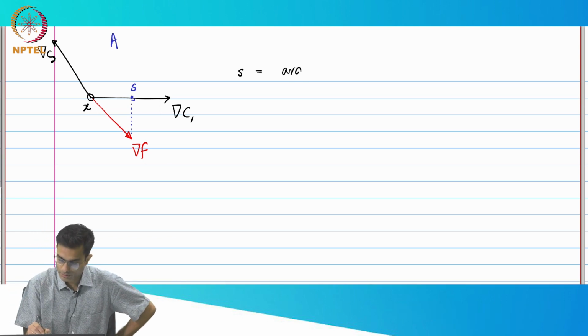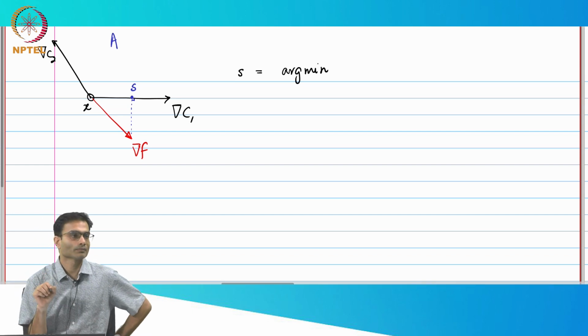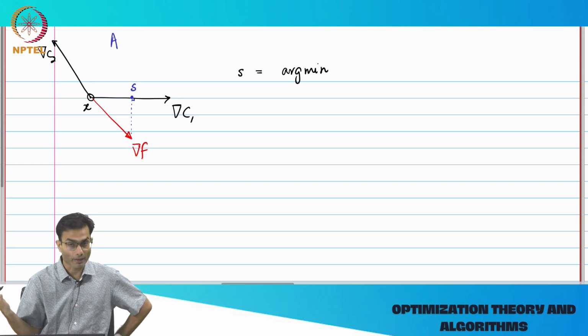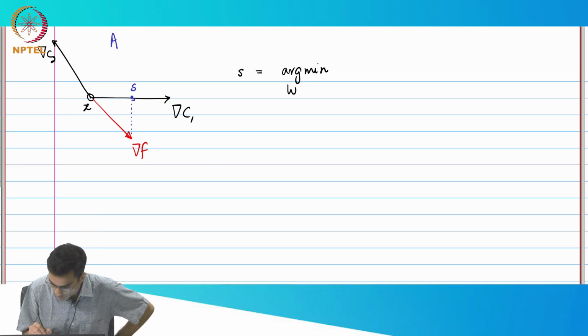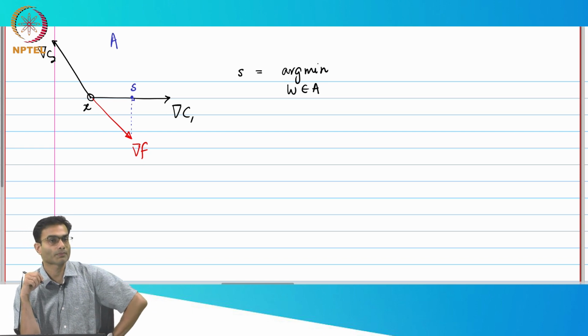So what is the variable that I'm allowing? From what am I allowed to choose to come up with this S? Any point in A, okay? So W belongs to A. What do I want to minimize?